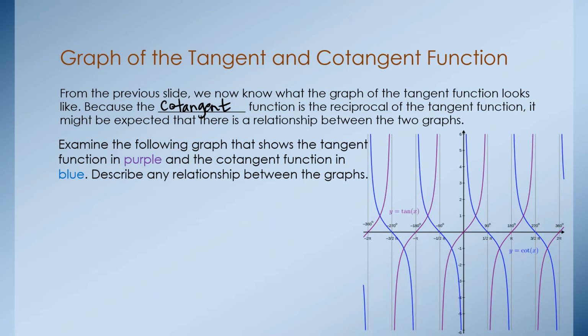In purple is the tangent function. So let's just take a look. In purple, I'm going to trace over this for you. Purple, there's the tangent, and here's another one, and here's another one. So the one we saw on the previous slide just had one period of the tangent function.